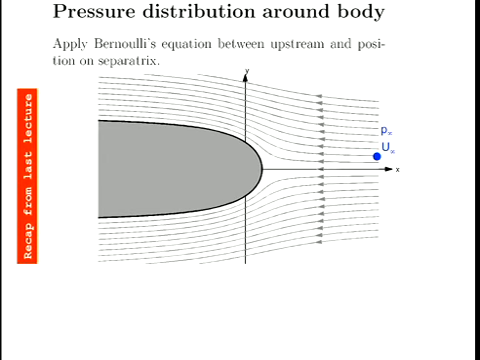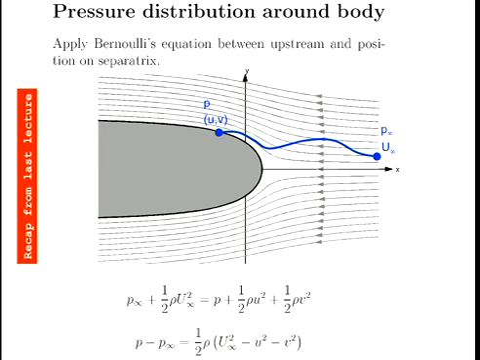That allows us to evaluate that constant, and then we can use that along with the knowledge of the velocity field to work out what the pressure field is on the surface of that body. So we write that P infinity plus a half rho U infinity squared is equal to the pressure at the surface of the half-Rankine body plus a half rho times the horizontal and vertical components of velocity, squared.